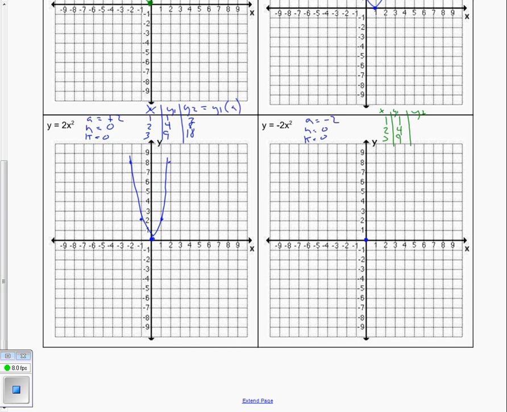So 1 times negative 2 is negative 2. 4 times negative 2 is negative 8. 9 times negative 2 is negative 18. So what ends up happening is that this parabola is actually going to be facing or opening up downward. Okay, and so we can draw in our graph going downward.